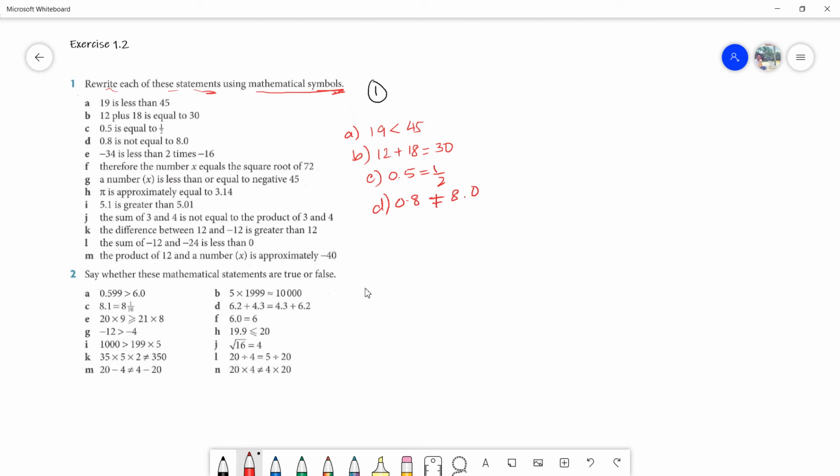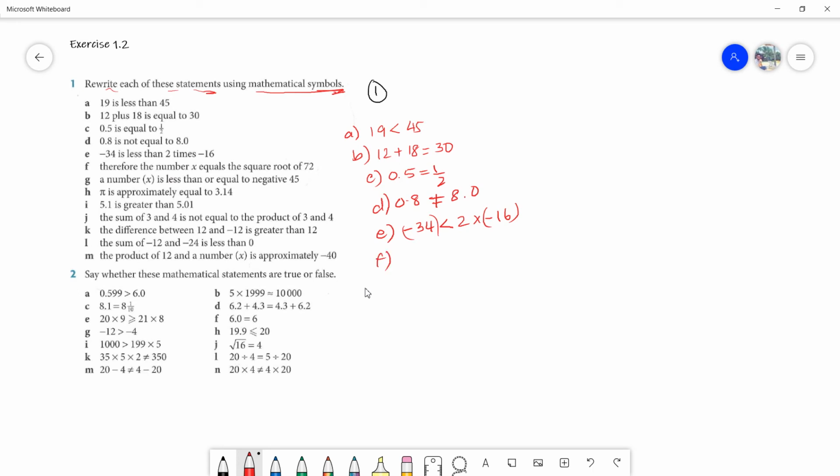Done. Then E. Negative 34 is less than 2 times negative 16. We can just put a bracket around negative numbers.